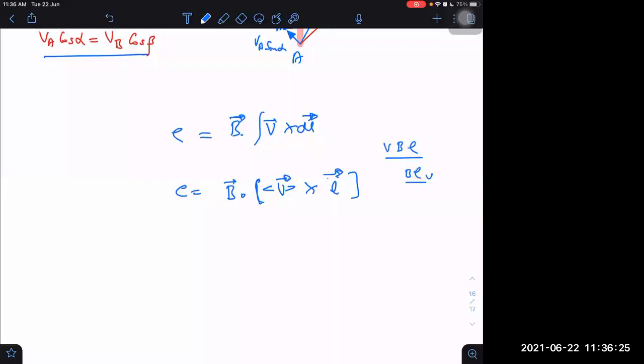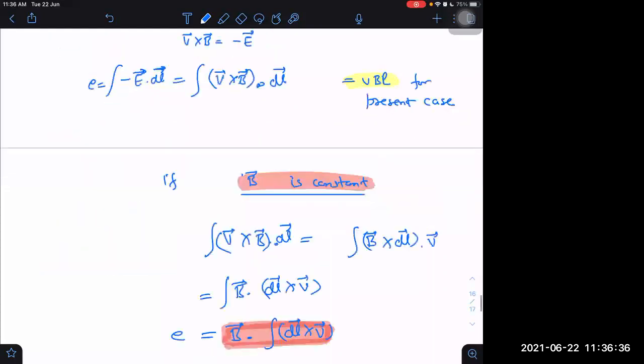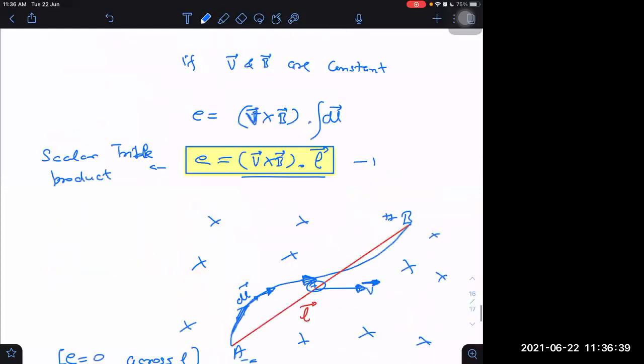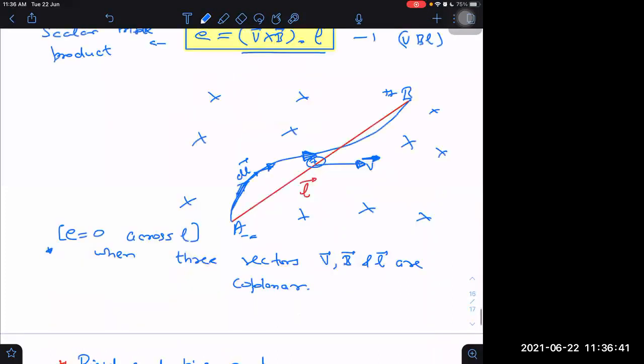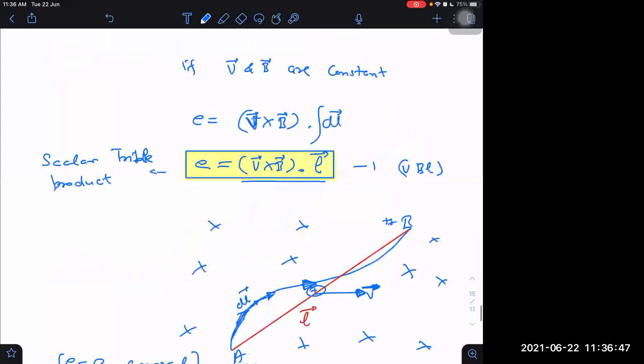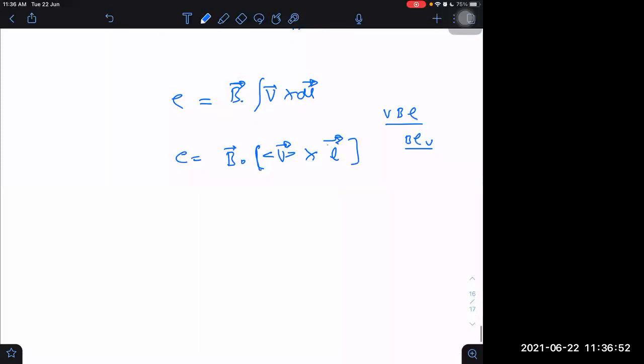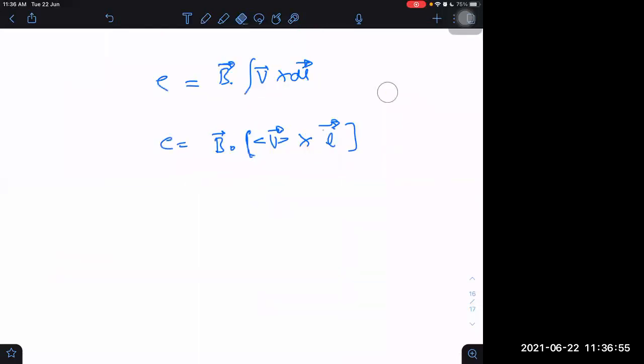VBL is not in the same order as BLV. Sir, it is BLV. When I was deriving the formula, it was VBL. How it changed to a different formula, I'm not understanding. VBL, BLV, LVB, these are in the same order only, correct? But VBL and BVL are not in the same order.